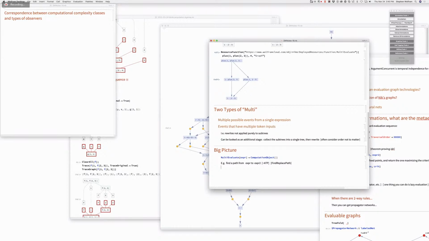Another type of thing would be find an output that satisfies a given condition, or find an intermediate step or an output in the multiway thing that satisfies a given condition. That's like optimization.